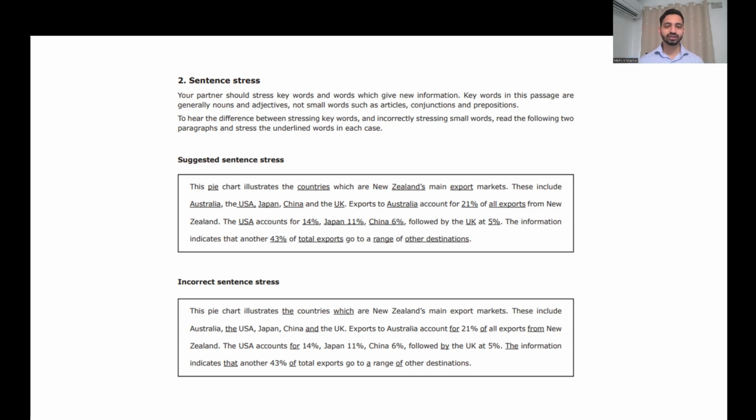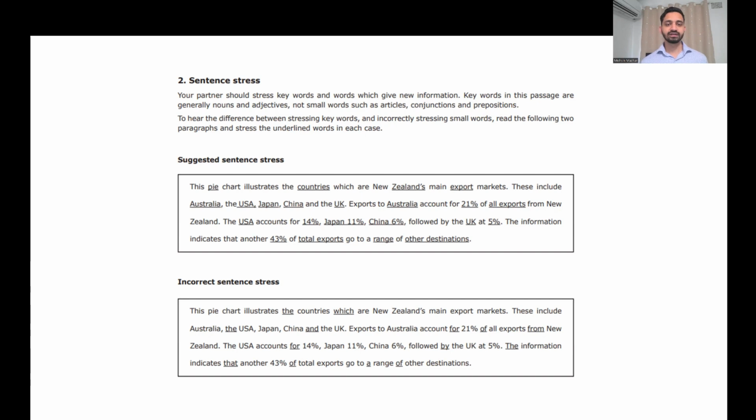The pie chart illustrates the countries which are New Zealand's main export markets. These include Australia, the USA, Japan, China, and the UK. Exports to Australia account for 21% of all exports from New Zealand.